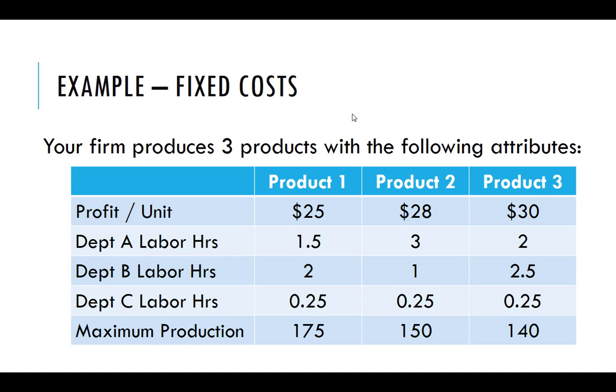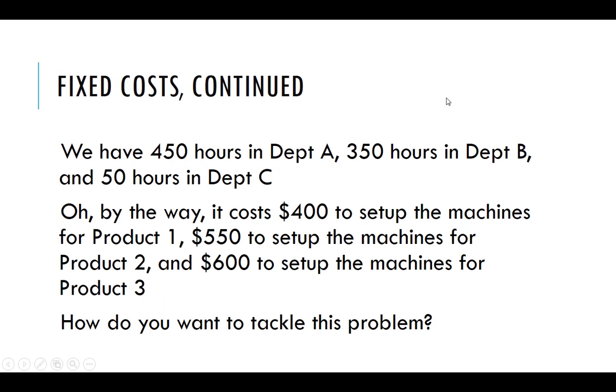And then we also have some limit on the maximum production that we want to do. So at most we want to do 175 of product 1, 150 of product 2, 140 of product 3. We also need to know how many hours we have. So we have 450 hours in department A, 350 in department B, and 50 hours in department C. Oh, and by the way, before I can produce product 1, I have to pay a setup cost of $400.